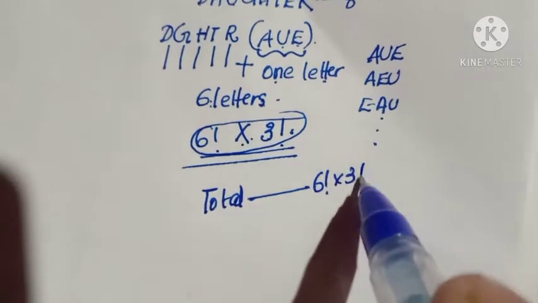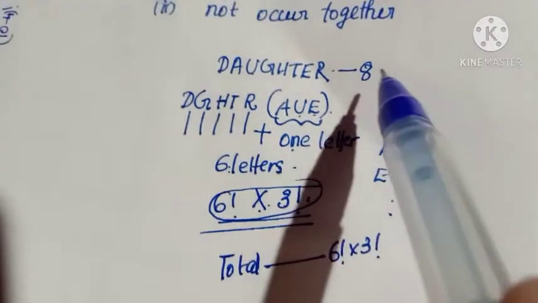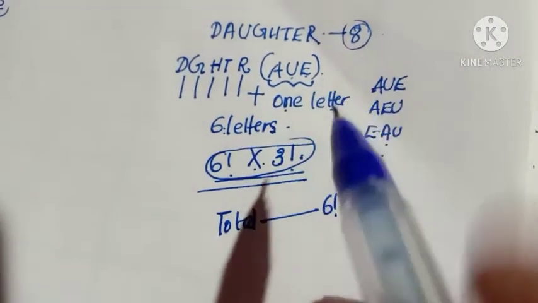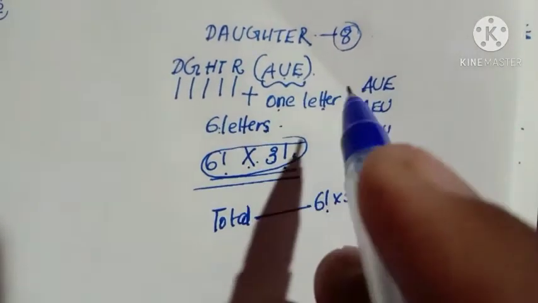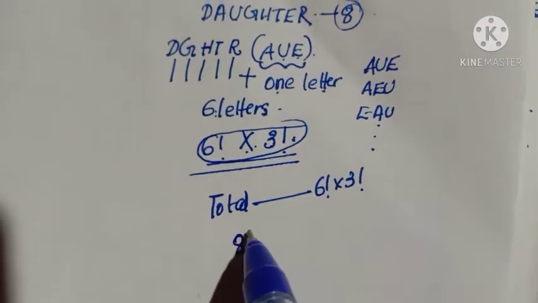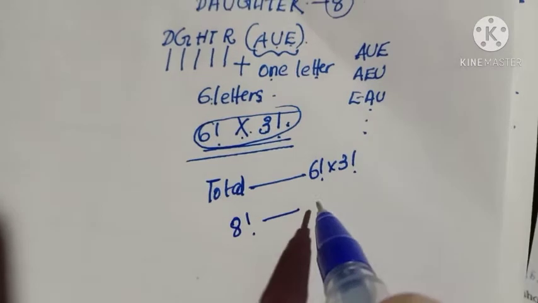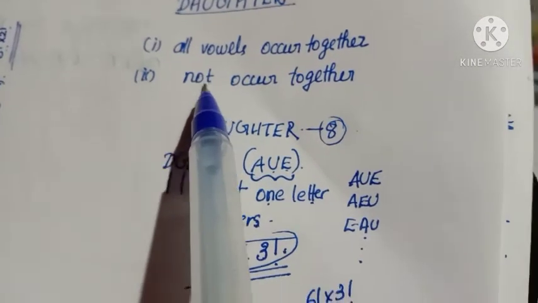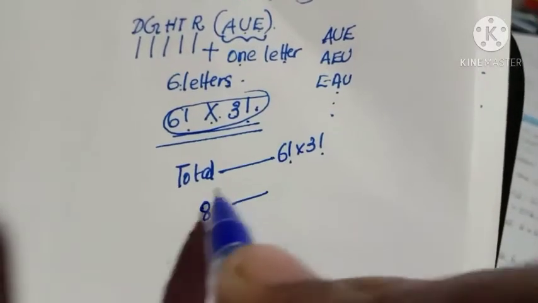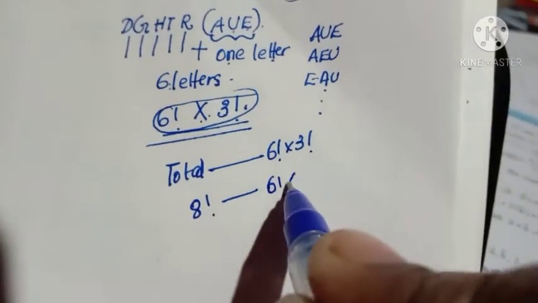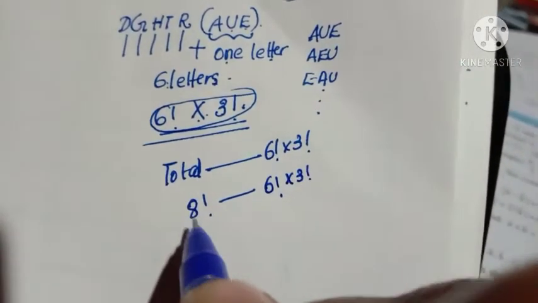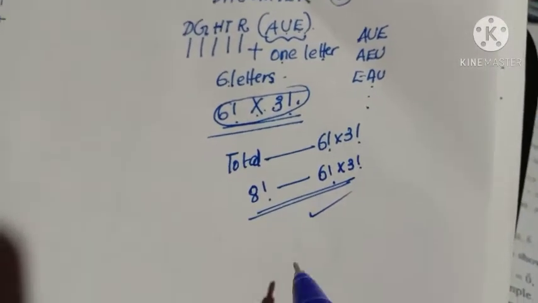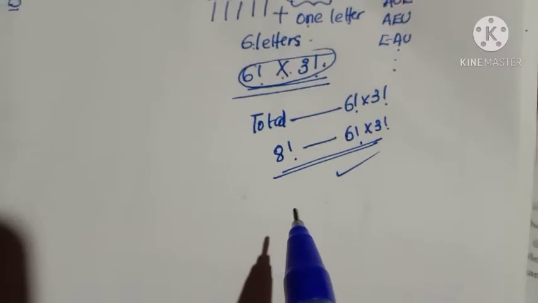Now, the total number of arrangements: we have 8 letters, and using these 8 letters we can arrange in 8 factorial ways. So the number of permutations when all vowels do not occur together is total minus the number of permutations when all vowels occur together.